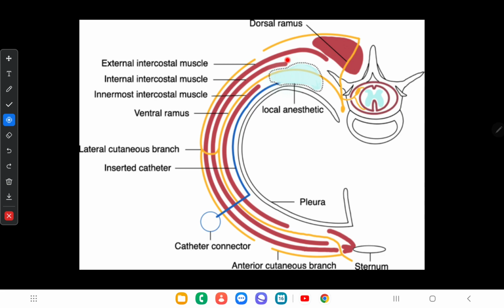When we give an intercostal nerve block, the needle is directed towards the rib near the lower border and the tip comes to rest near the subcostal groove.